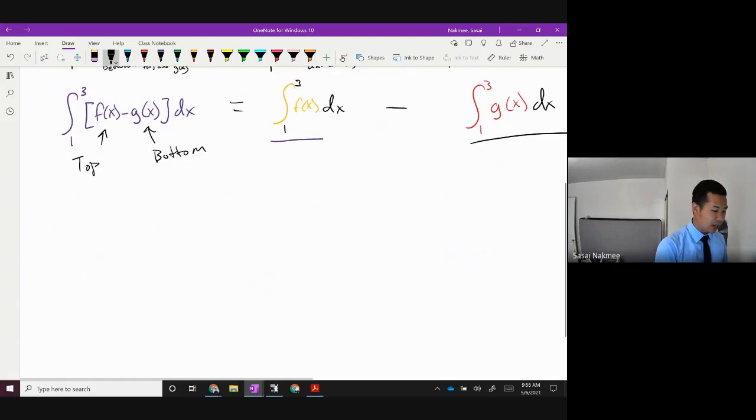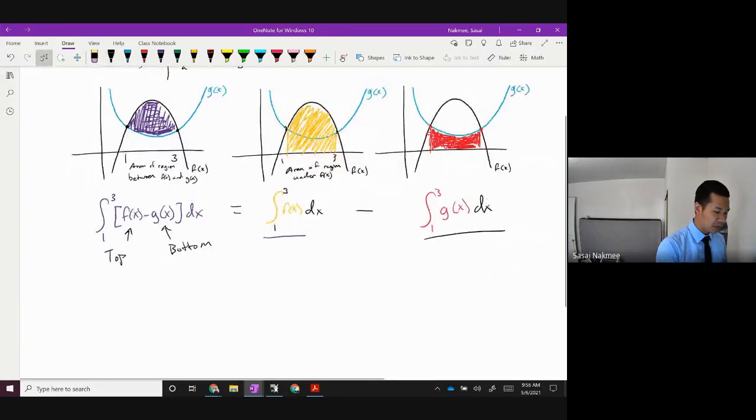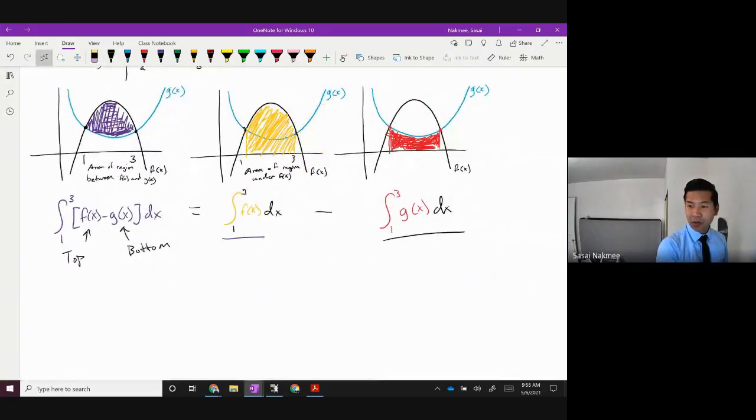So when you're trying to find the area between two curves, the area between two curves is this formula right here. Let me write this out for you.